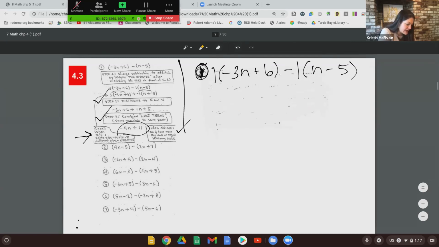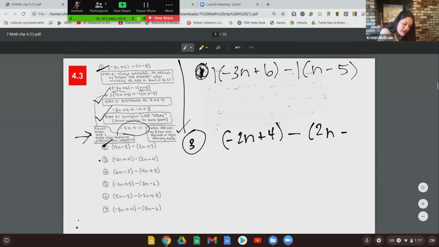Number 3. So we've done 1, we've done 2. We are on number 3. Okay. Number 3 has negative 2n plus 4 minus 2n minus 4. We're going to distribute a 1 and a negative 1.